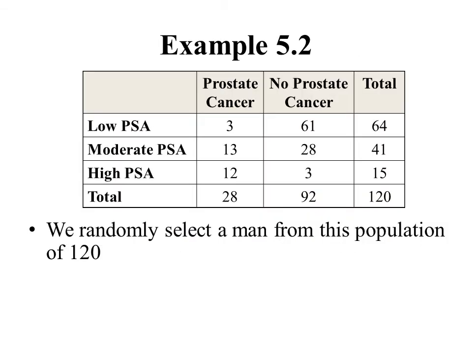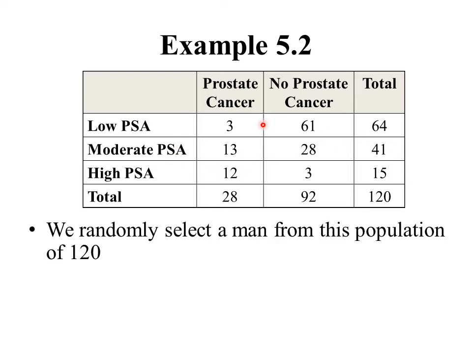Now let's look at example 5.2 from the book, which gives results from a PSA test and whether or not these men develop prostate cancer. We've got a population of 120 men. We give each man this prostate test, or PSA test, and they get one of 3 scores: low, moderate, or high.